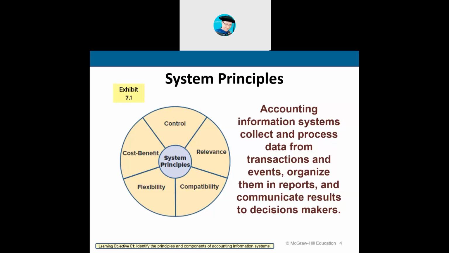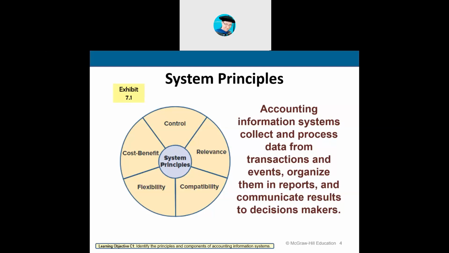Then we go through the accounting process. We analyze the transactions, enter them, post them. Then we go into the close process. We make our adjusting journal entries, the closing entries, reversing entries, and then we generate our reports.